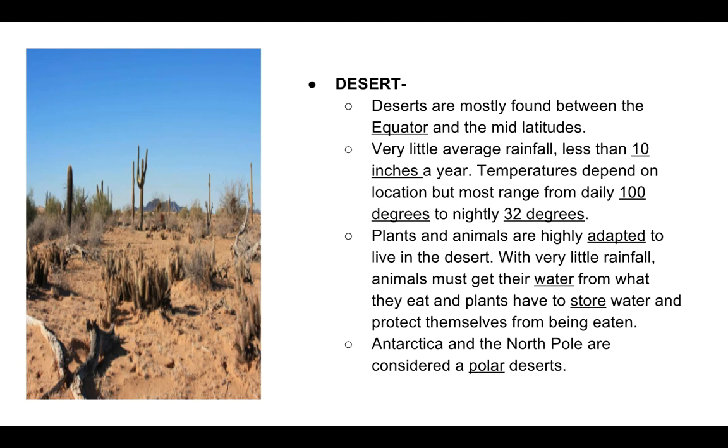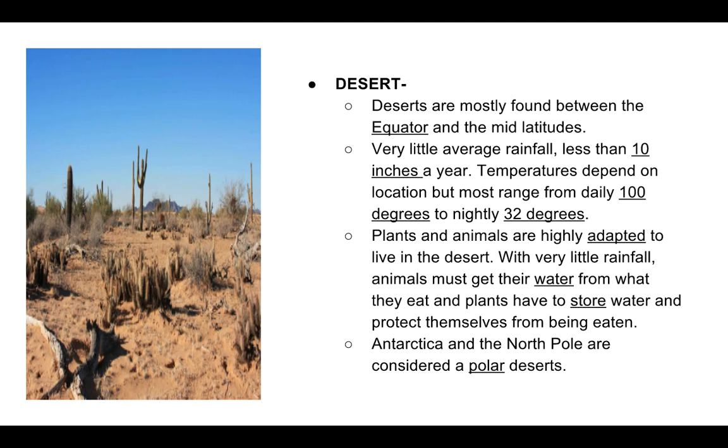So it gets very hot during the day and drops down to being really cold at night. That is a characteristic of a desert. Plants and animals are highly adapted to live in the desert. With very little rainfall, animals must get their water from what they eat, and plants have to store water and protect themselves from being eaten.